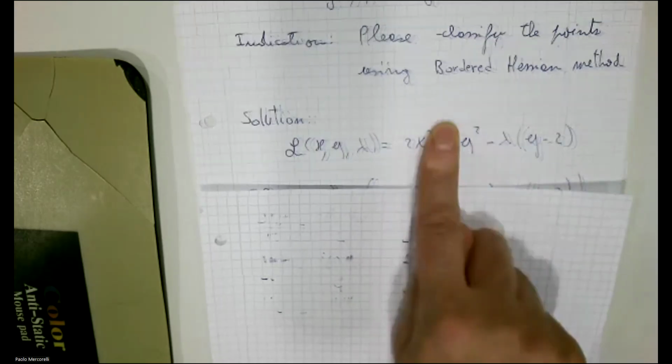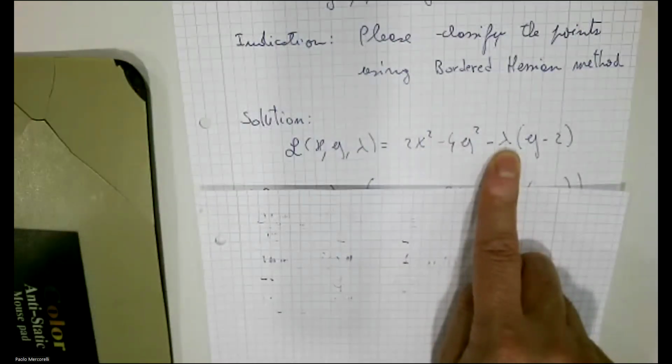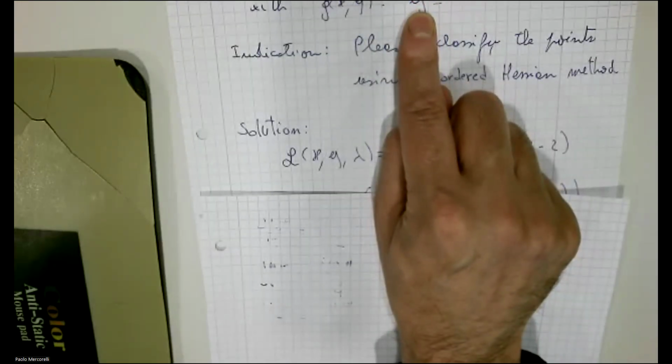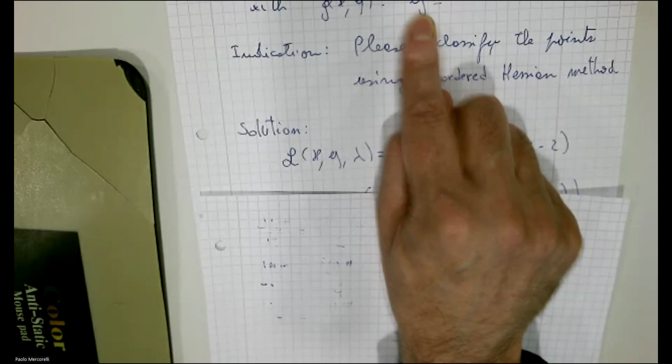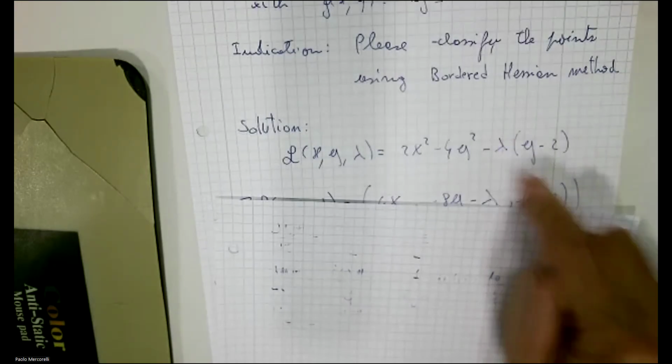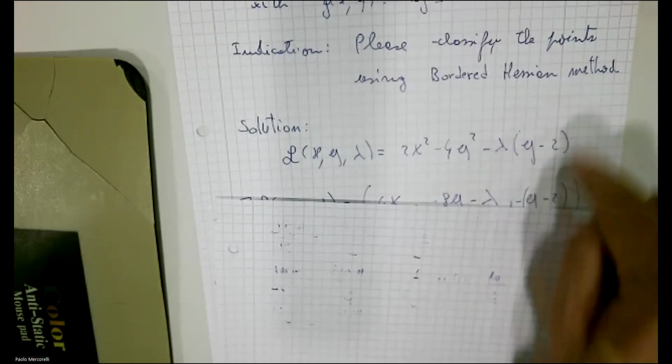Therefore, we have the function minus lambda multiplied by g(x, y), just a function of y, minus 2 equals 0. This means basically this is equal to 0, if you want.